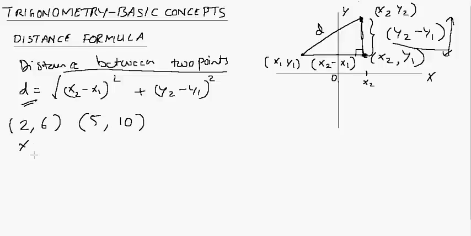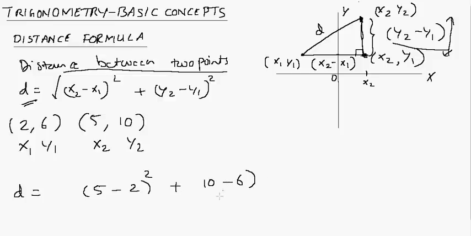So let us take this as x1, y1 and x2, y2. And now let us apply the formula: d equals root of x2 is 5 minus x1 is 2 squared plus y2 is 10 minus y1 is 6 squared.